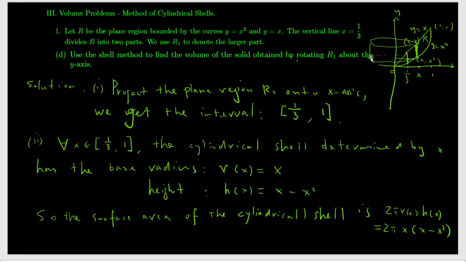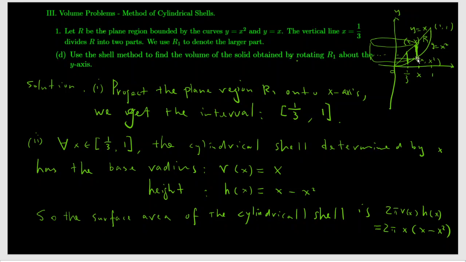Many cylindrical shells will form the solid. So does that make sense? Many cylindrical shells, many cylinders will form the solid after rotating the plane region R1 around the vertical axis. I hope it makes sense. You integrate the areas of all the cylindrical shells. You have the volume of the solid.